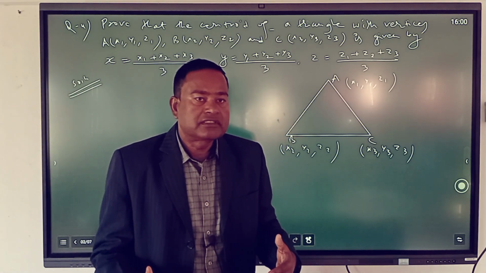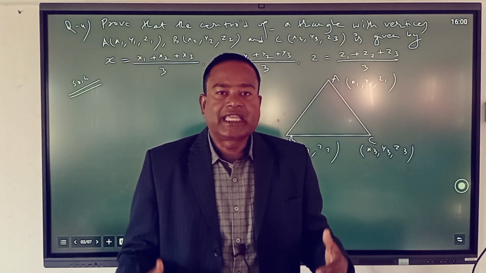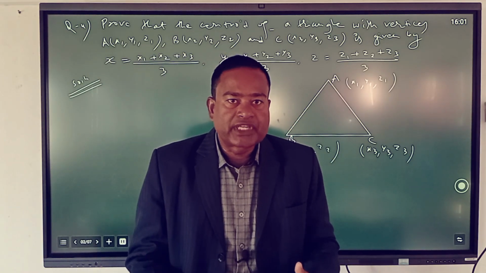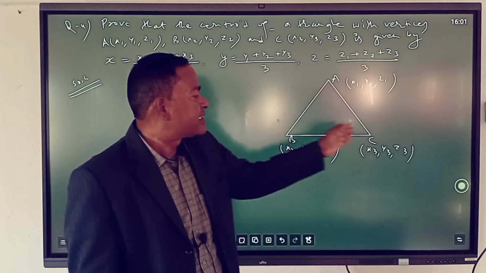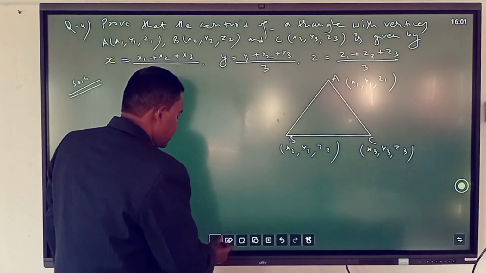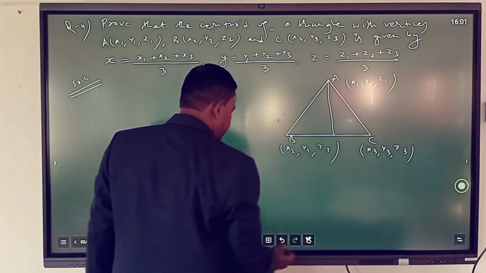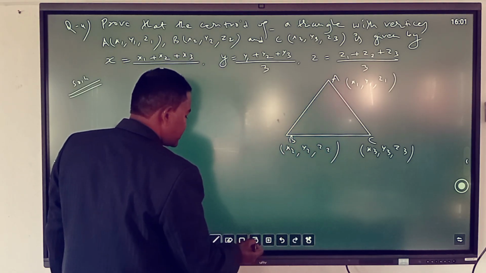centroid of the triangle. So dear student, the centroid of a triangle is the intersection point of the three medians of a triangle. So let us draw AD.